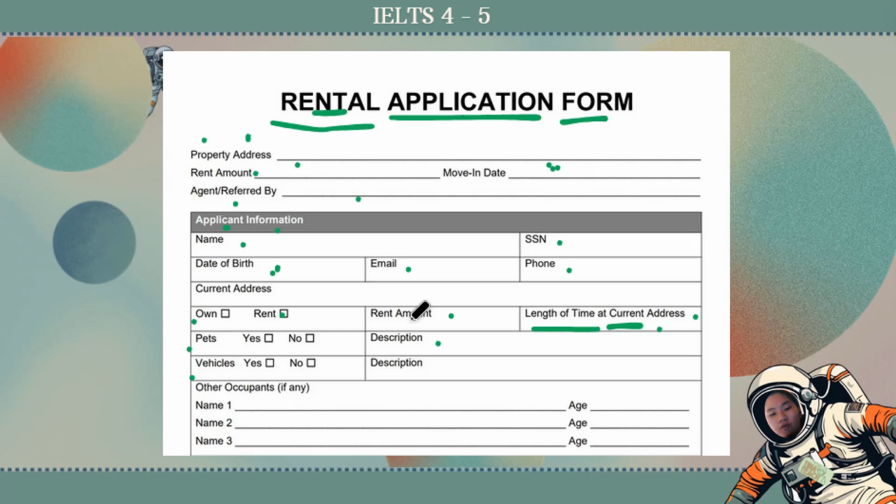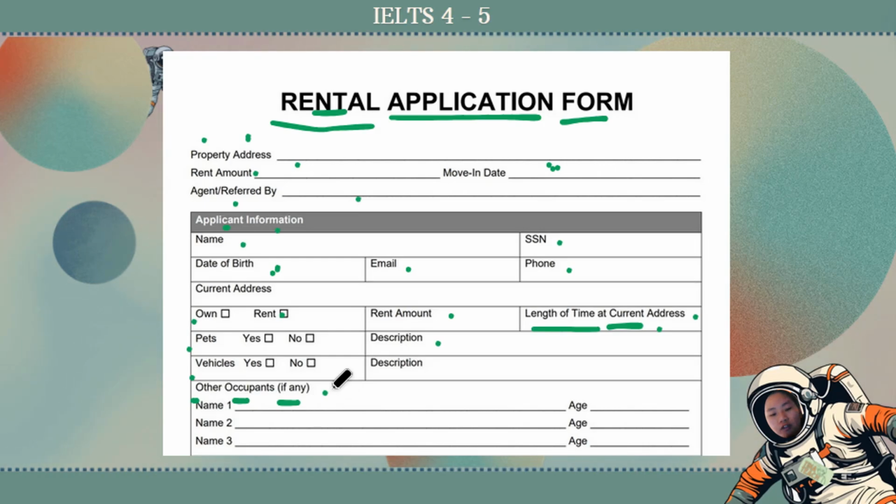So depending on what you write, this is text and numbers. Next up is vehicles, description. And for vehicles, you can say, oh, I have a motorbike that's pretty small. So it's usually text-based.